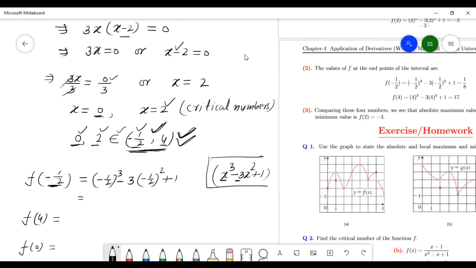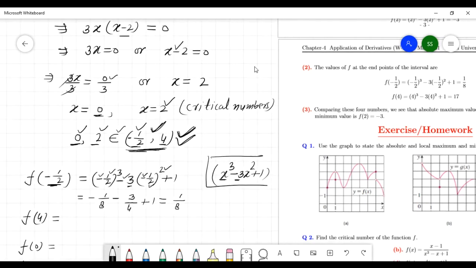Minus 1 power 3 is minus 1, and minus 3 times minus 1 squared, which is positive 1, so minus 3. So this will be minus 1, minus 3, plus 1. When you solve this you will get minus 3, right? So you will get this minus 3.